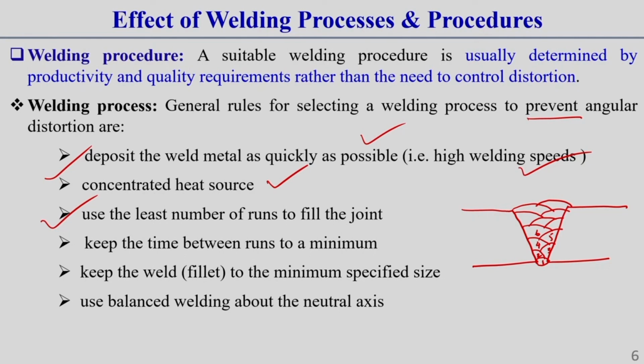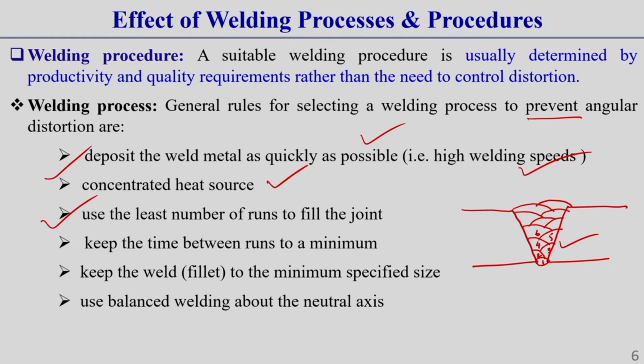So, due to the higher thermal expansion and contraction from more runs, there is a chance of more deformation. But if you use fewer runs for this thick section, say instead of 10 runs, if you can reduce it to 5 or 4 runs by using a larger diameter electrode, or an optimum diameter electrode, then what happens?